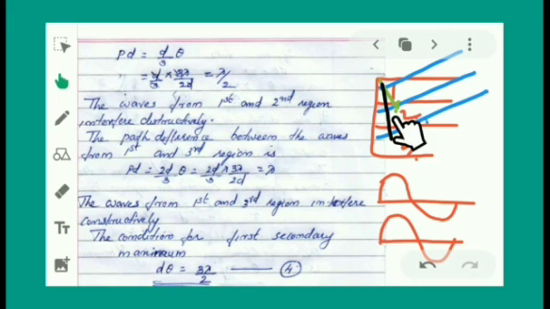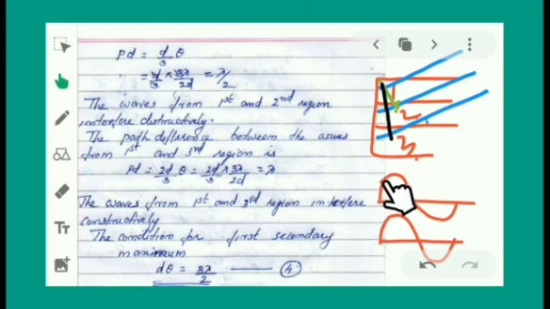Now we will see what the path difference is between the waves from the corresponding points of the first and third region. Here the path difference is equal to 2d/3 into theta, that is 2d/3 into 3 lambda/2d, which is lambda.